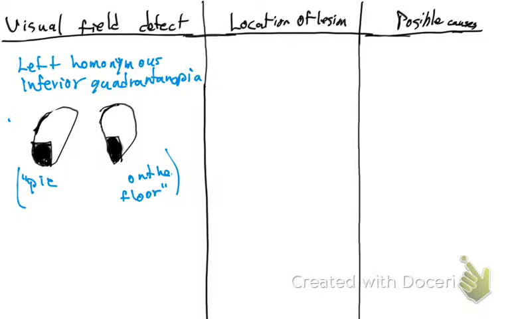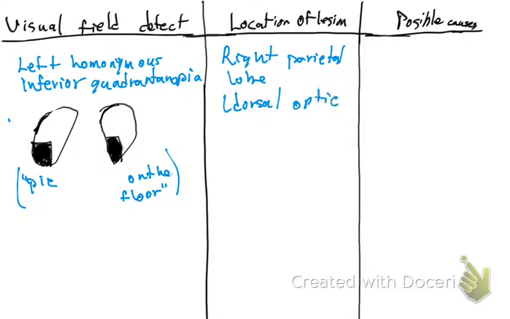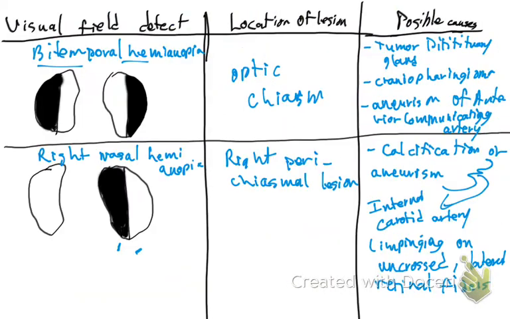Now, where is the lesion of this? The location is going to be in the right parietal lobe, the dorsal optic radiation. We can go to the one that we drew at the beginning.